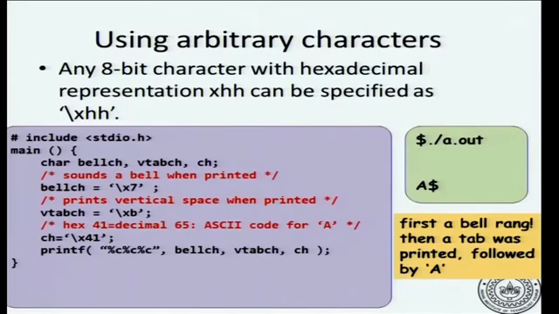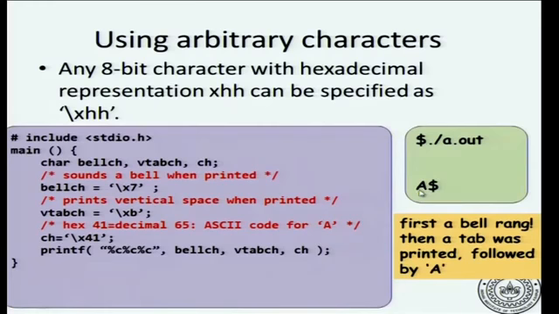Similarly, if I ask it to print hexadecimal 41 using \x41, so hex 41 is 4 times 16 plus 1, which is 64 plus 1, 65. And we just saw that ASCII value 65 was the character A. So if I ask it to print ch, which is hexadecimal 41, as a character, then it will print the value A.